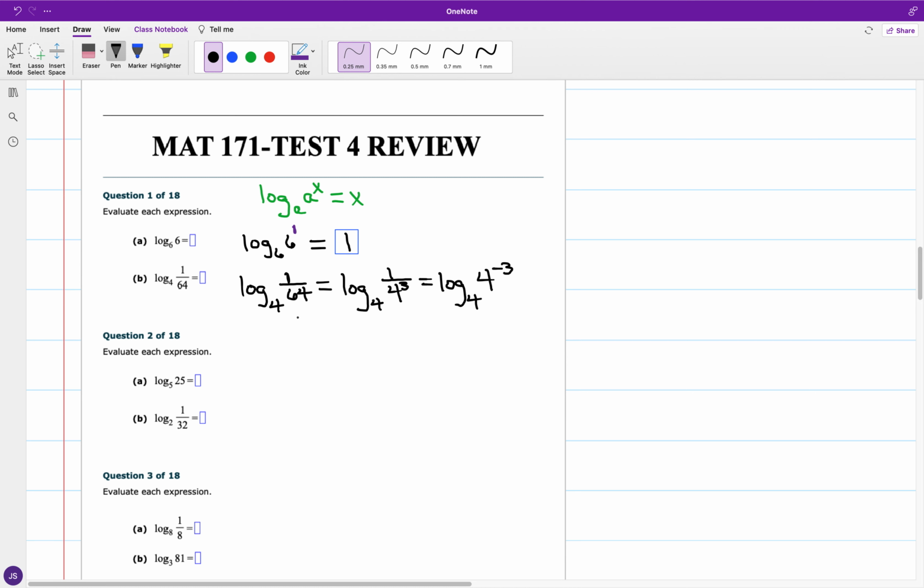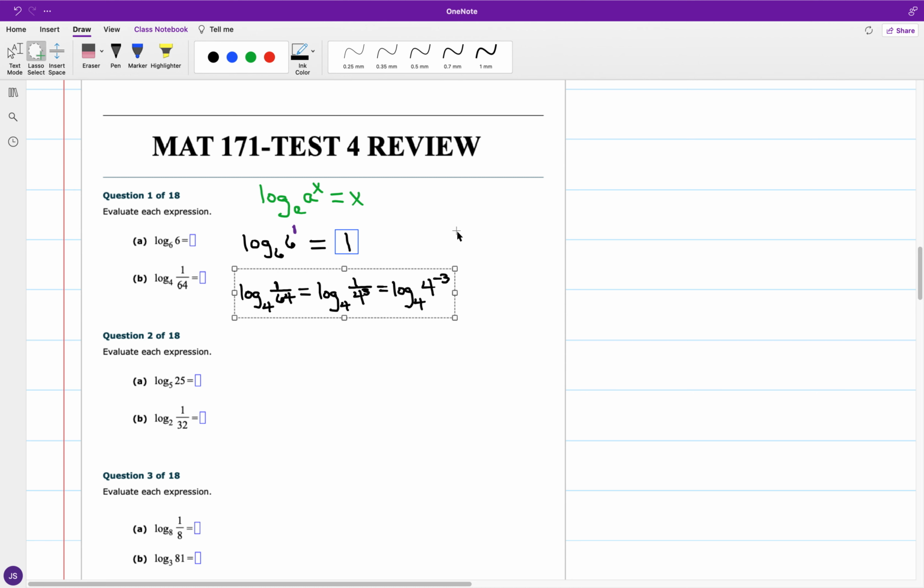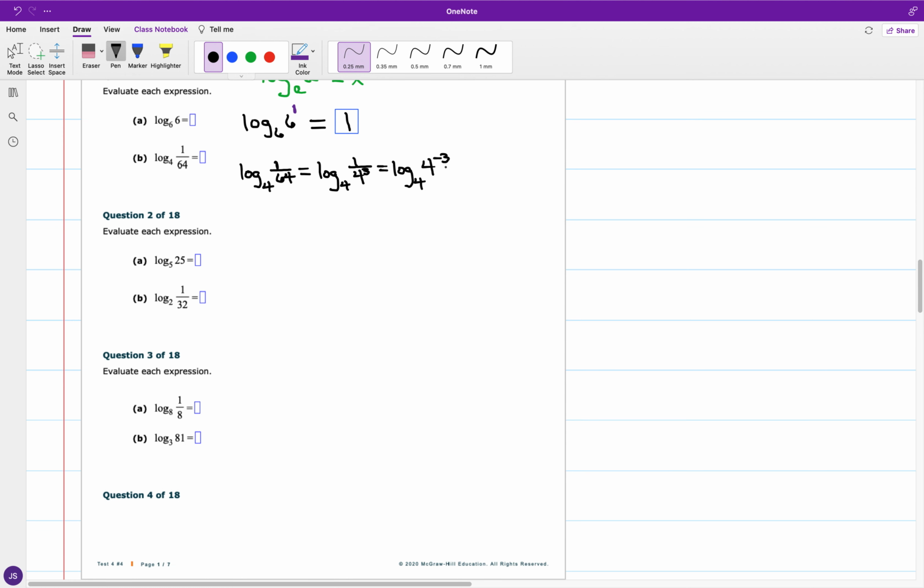Here, the base 4 logarithm of 1/64 is that of 1 over 4 cubed, and 1 over 4 cubed is 4 to the negative 3. In the rewrite, a is equal to 4, while x is negative 3. And negative 3 is the end result for this term.